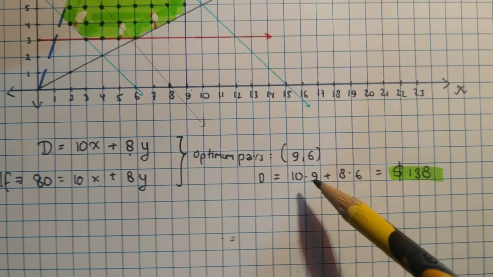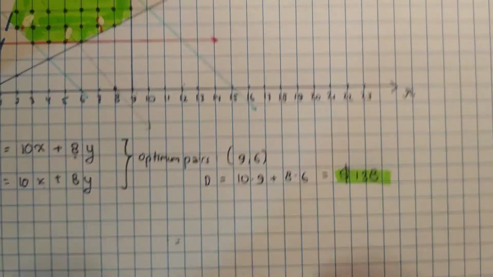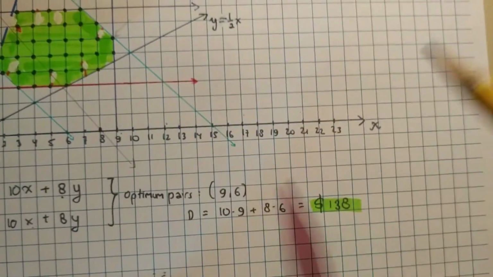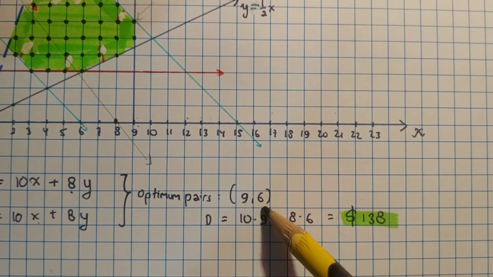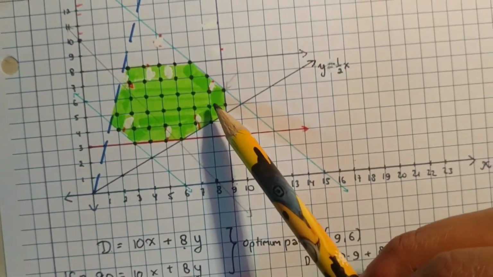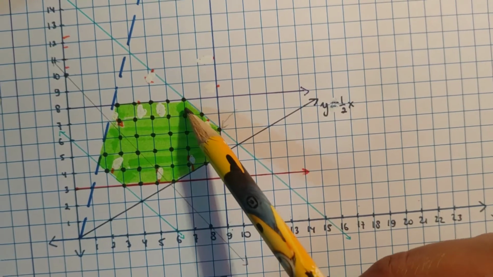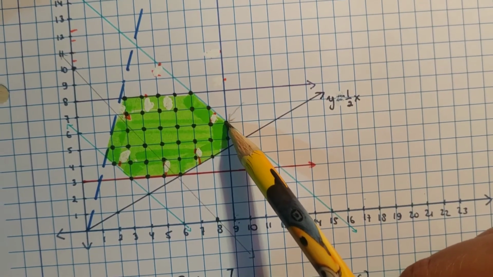I will find that this is the maximum dollars that I can earn by putting 9 old members and 6 new members to work. And I can be certain, without comparing with the other pairs, that this is the highest possible dollars that I can earn.